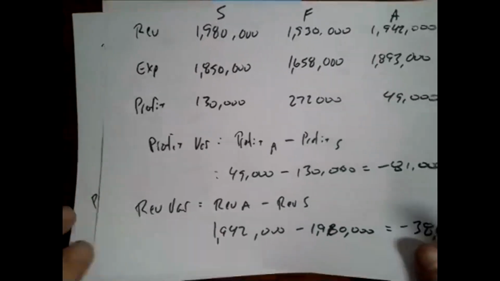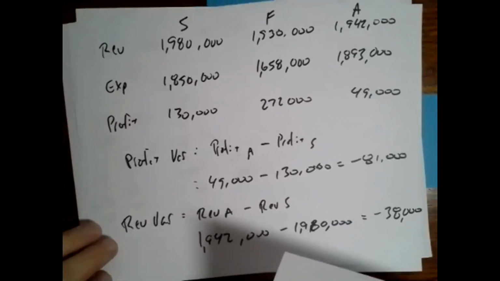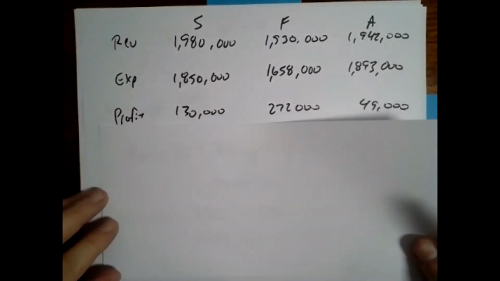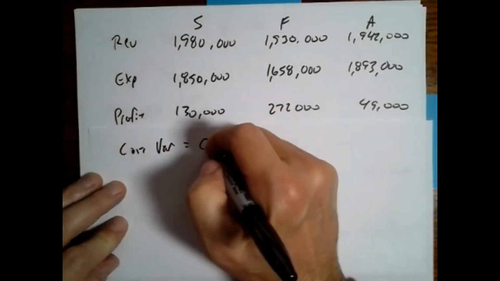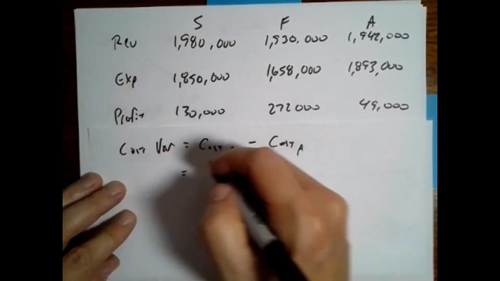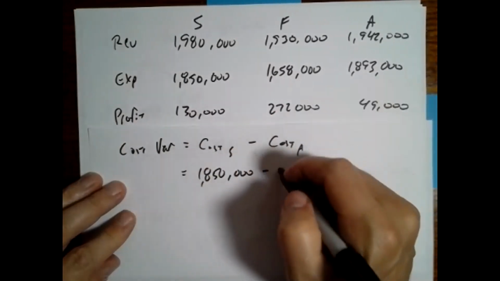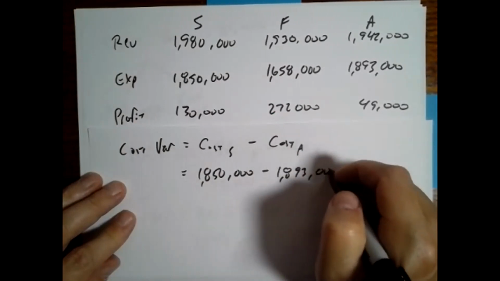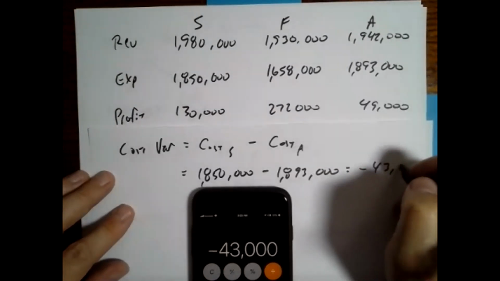Cost variance, I need a fresh piece of paper here, is going to be cost static minus cost actual. So cost static was 1850 minus cost actual 1893, which is minus 43,000.